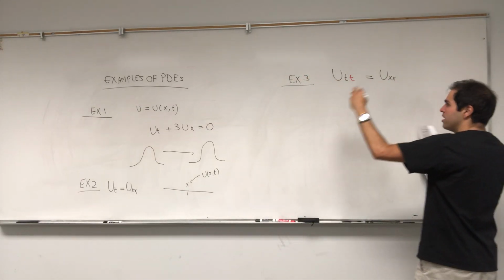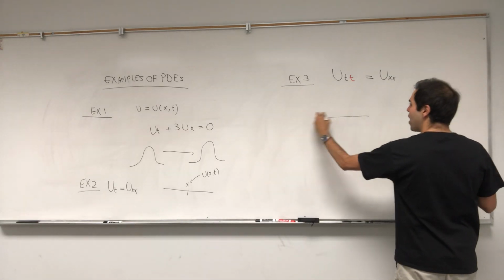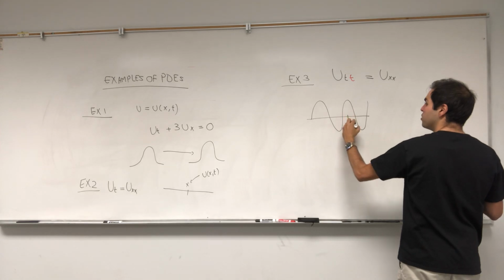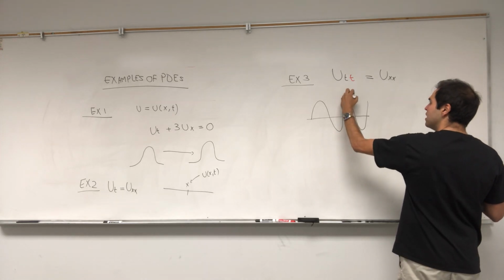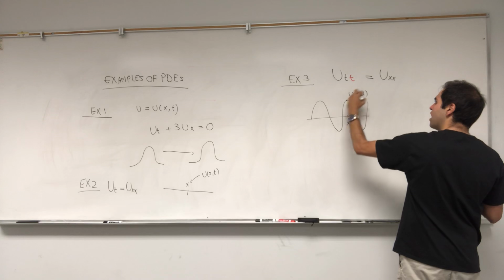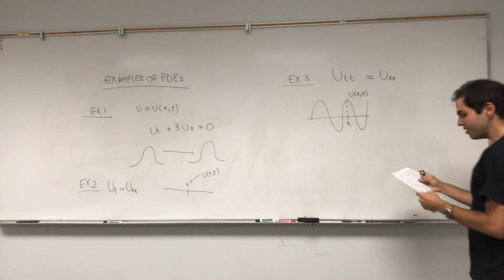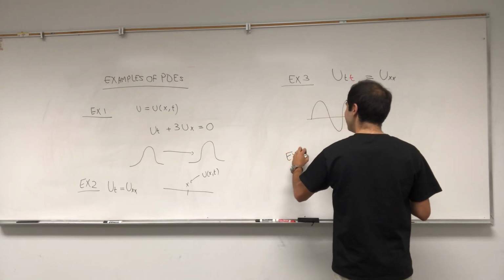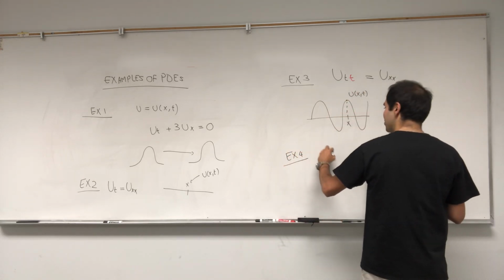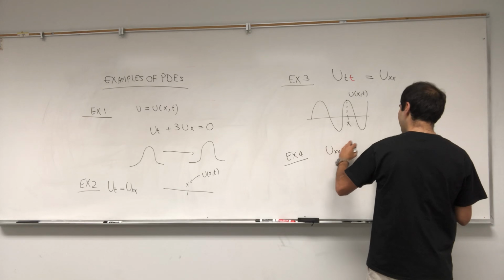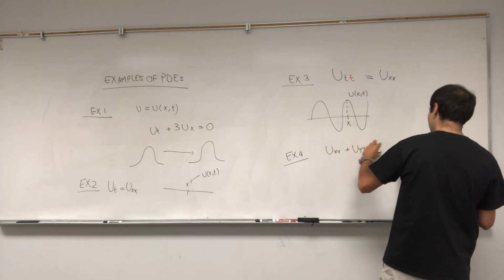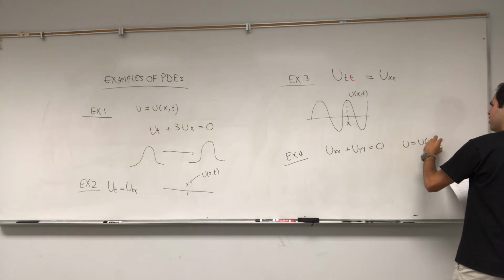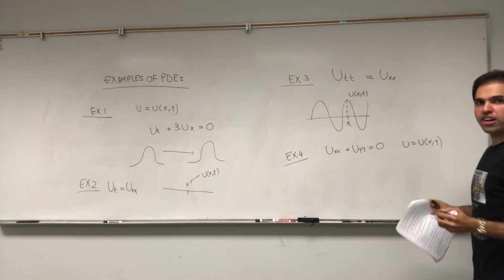It measures the height of a wave. Suppose you have a wave at position x and time t, u(x,t) gives you the height of that wave. That's one thing, again, very different from the heat equation. And then you have the equation I already talked about, u_xx plus u_yy equals 0, where u is a function of 2 variables.